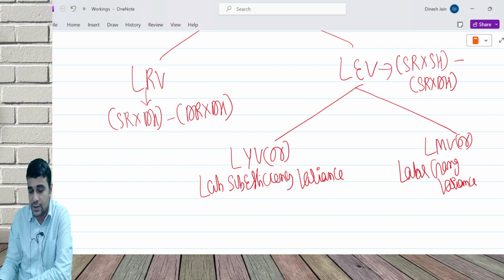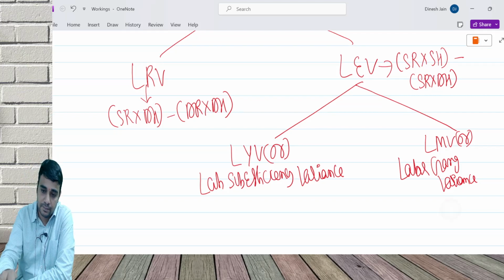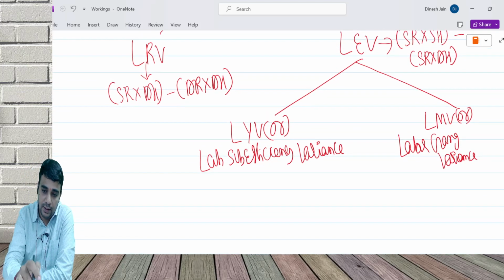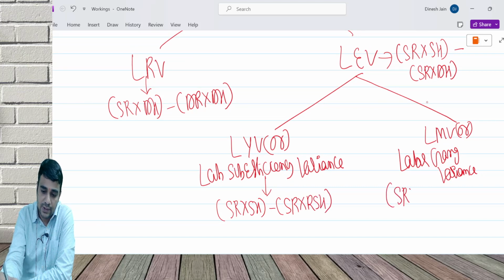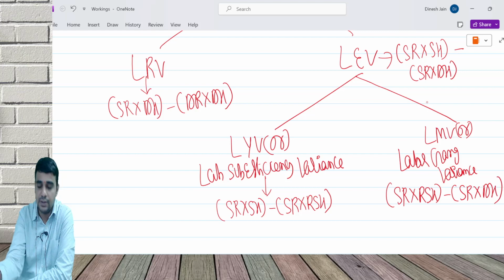That is the efficiency part. Yield was SR into SH minus SR into RSH, and mix was SR into RSH minus SR into AH.